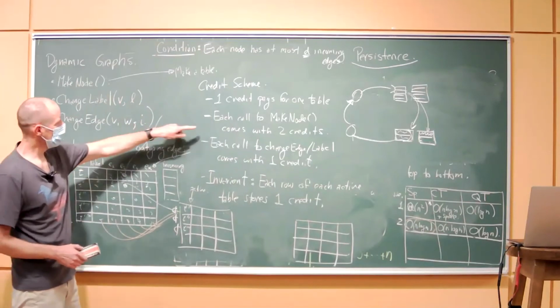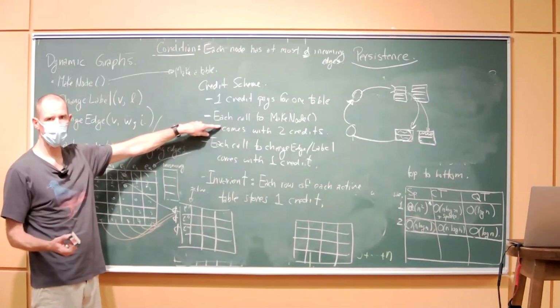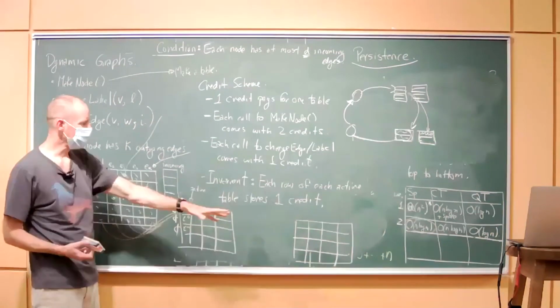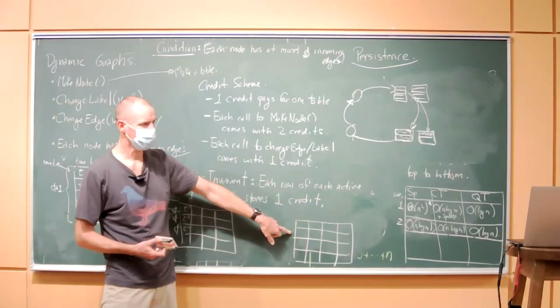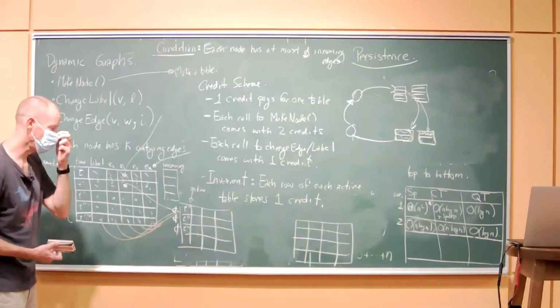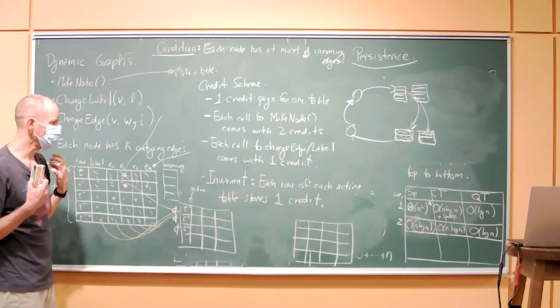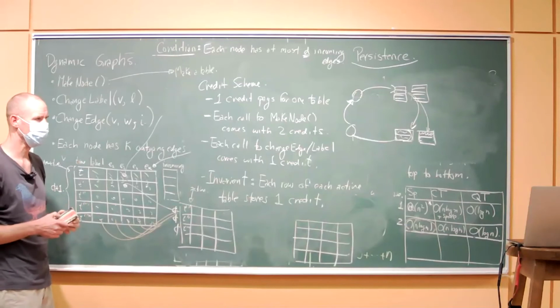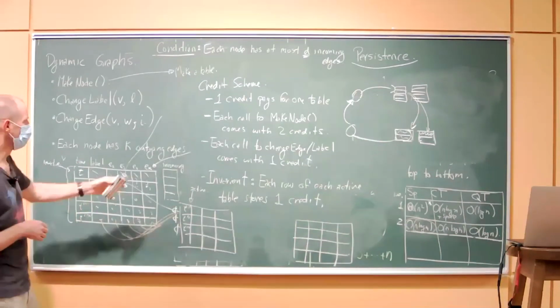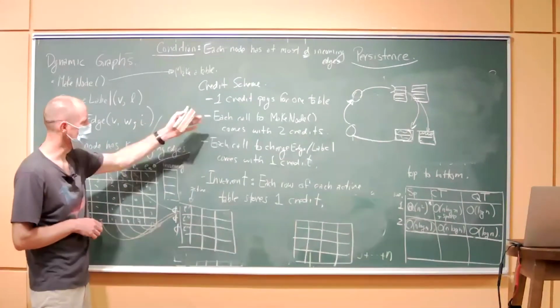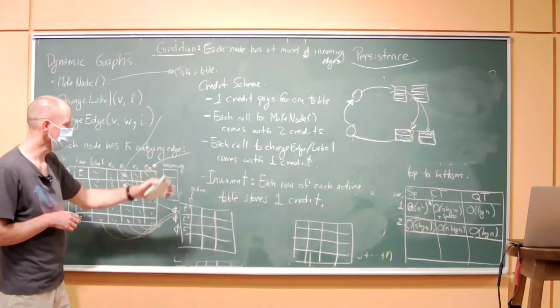So it comes with 2 credits. The user gives us 2 credits. One of them we immediately pay to make this new table. So that makes sure that we're never going to make more tables than the credits we were given, which is twice the number of make node operations and once the number of these things.